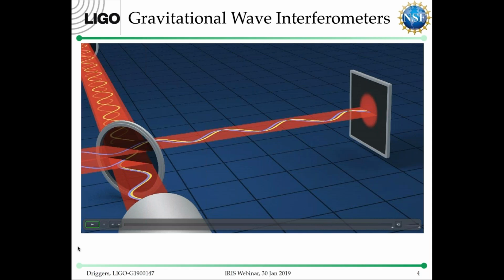And so from measuring this light, we can infer how space-time is being distorted. And from that, we can actually back out and try and understand what was the source of those gravitational waves. Was it a set of black holes? Was it a set of neutron stars? Was it something else? So that's how we kind of do the fundamental measurement in LIGO.